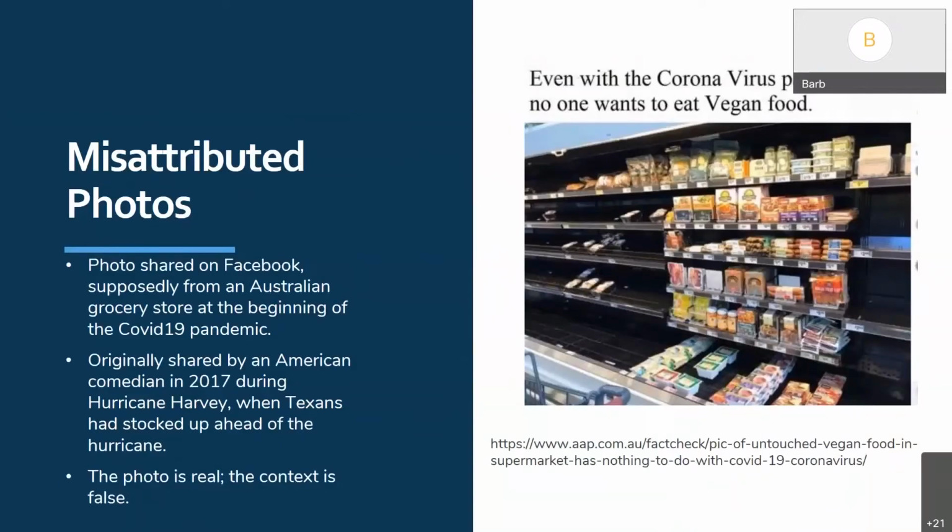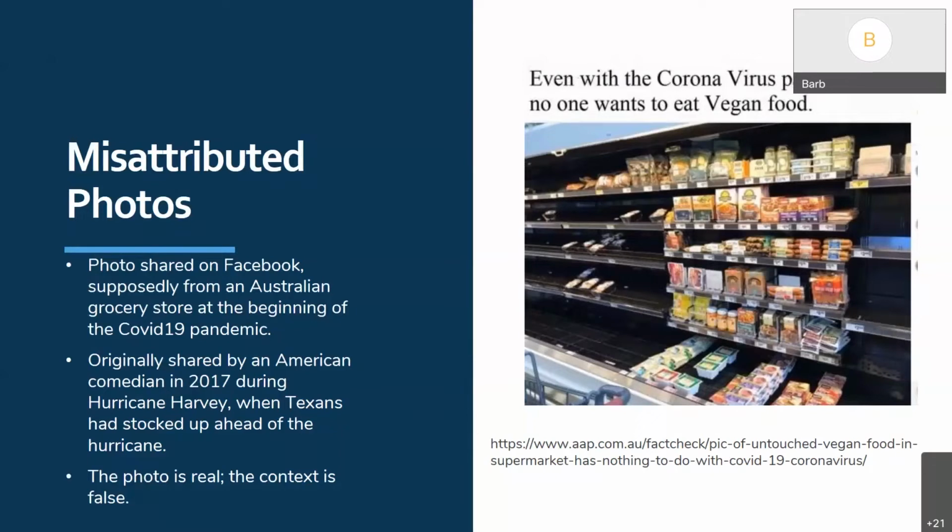Take a moment to look at this photo and its headline. What is the message here? It appears someone's recently photographed a grocery store cold case, posted the photo, and observed that even during a pandemic, nobody's buying the vegan food. Turns out, though, this isn't the real story.